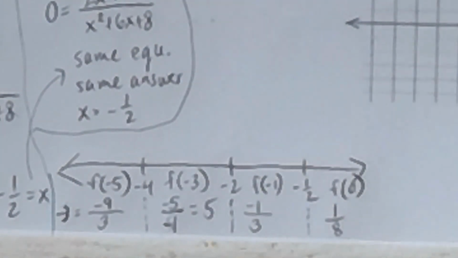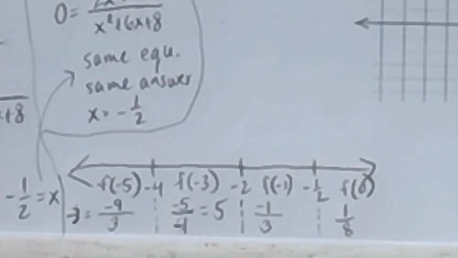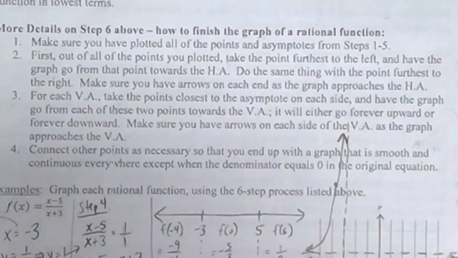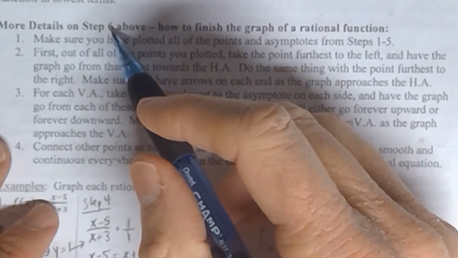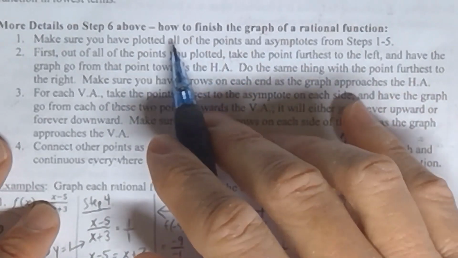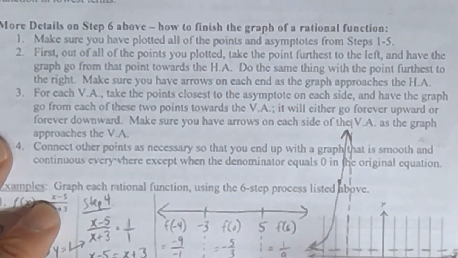Finally, we now need to follow those steps from where it says more details on step 6 above, to make sure we plot it and graph it correctly. Plot all your points and asymptotes from steps 1 through 5.